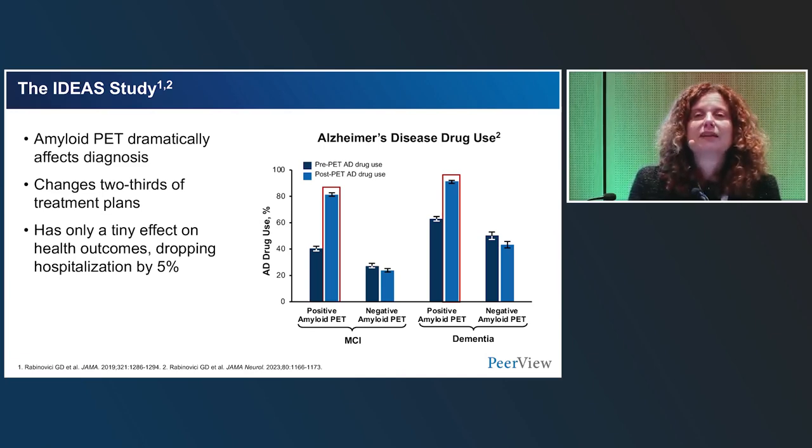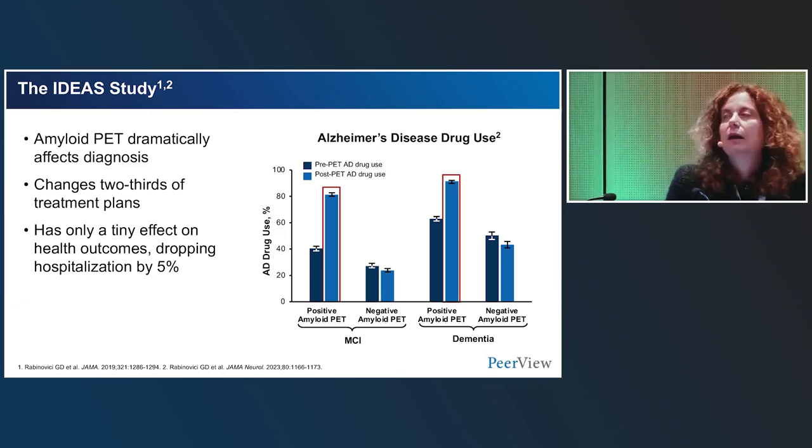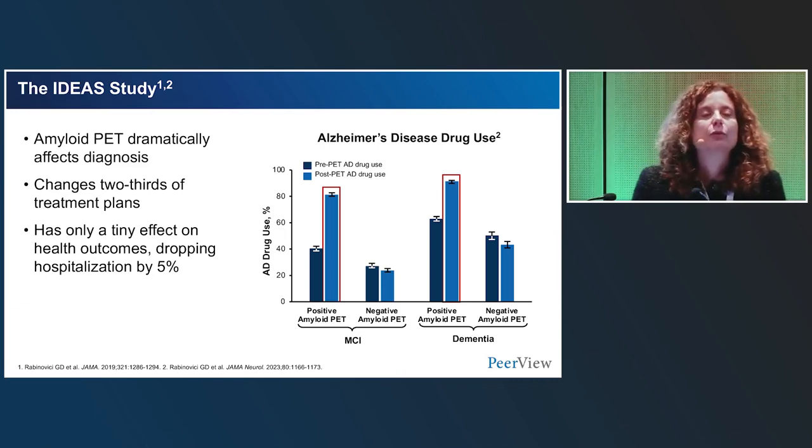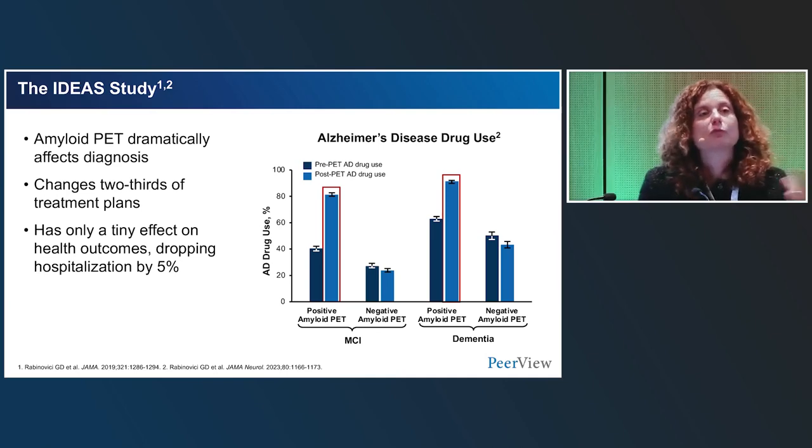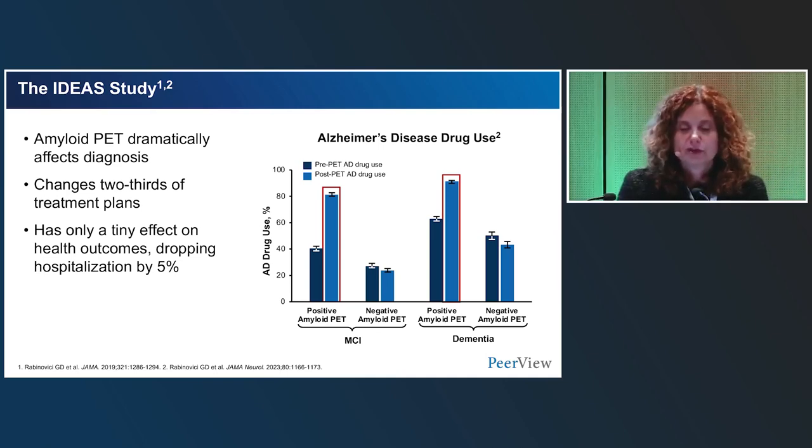You might remember that the IDEAS study was started as a reaction to the fact that amyloid PET was denied reimbursement in 2013 in the US. The IDEAS study was aiming to demonstrate an impact on the healthcare system in terms of hospitalization and access to the emergency room.